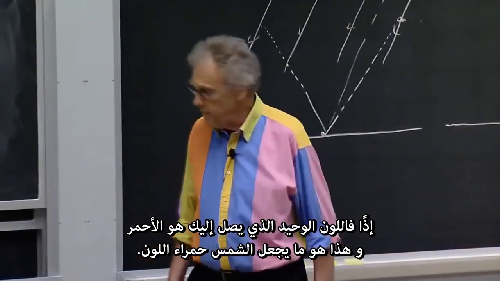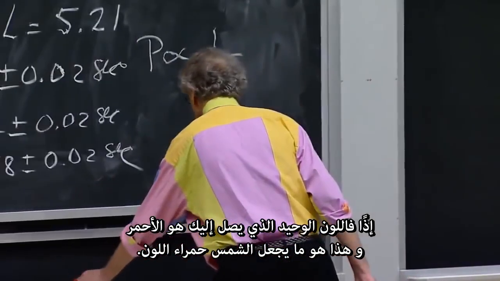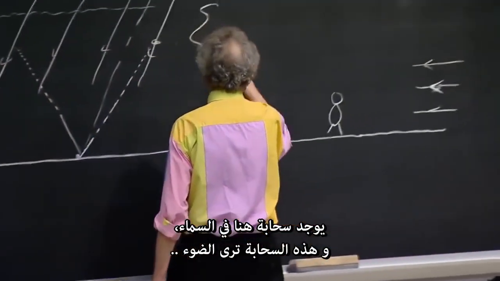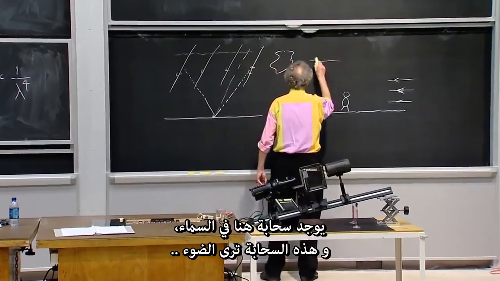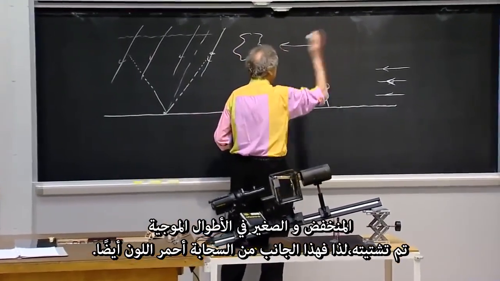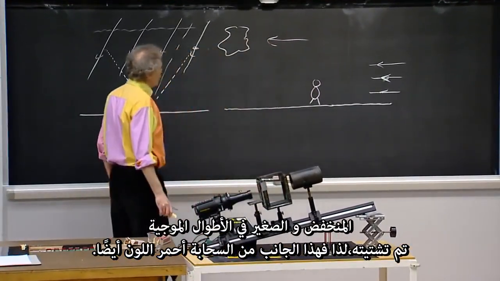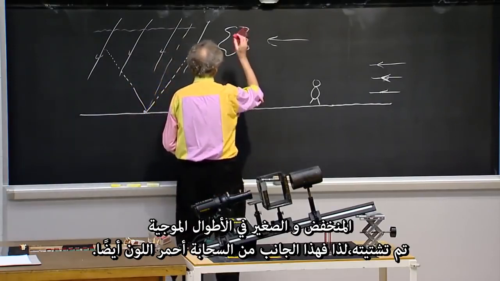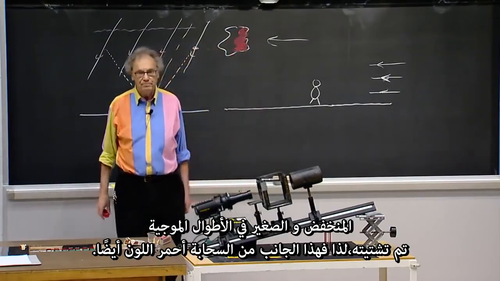And so that is the reason why the sun looks red, and there is a cloud here in the sky, and that cloud sees light where all the small wavelengths have been scattered out, and so this side of the cloud is also red.